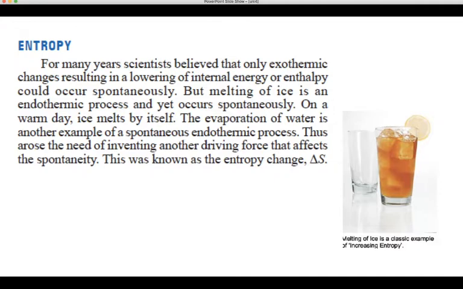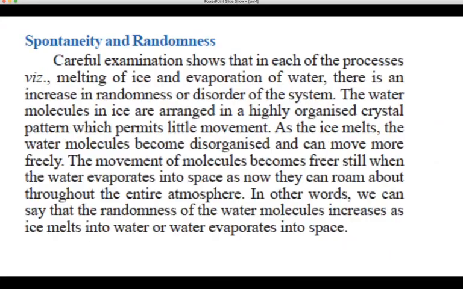So we have to learn the term randomness in the system. Then the entropy term comes, which is known as S. It is represented by S. First we will understand what spontaneity is and what randomness is. If you look carefully at each process, such as melting of an ice cube or evaporation of water, there is an increase in the randomness or disorder of the system.